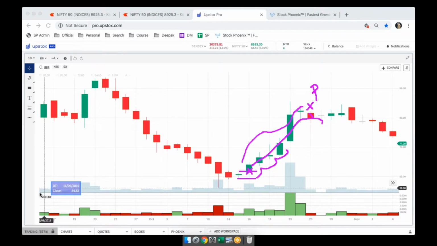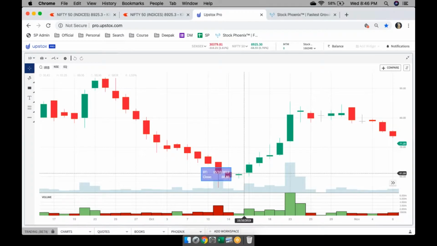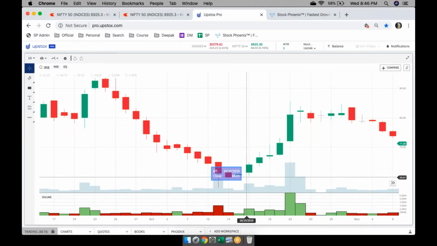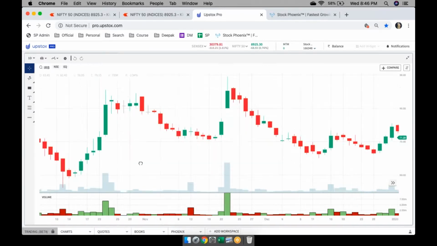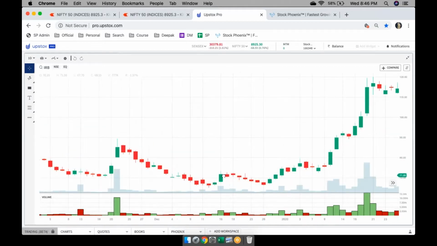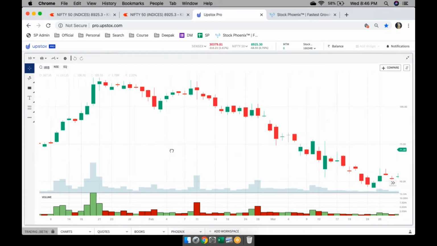When you see this particular place, my stop loss is less than 3%, and this place has a reward of 15% target. Like this, every stock will give 2 entries in a year.